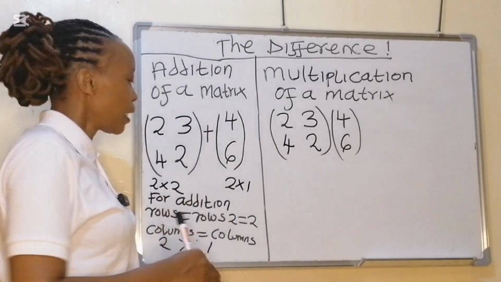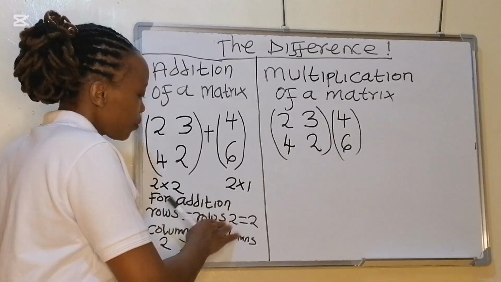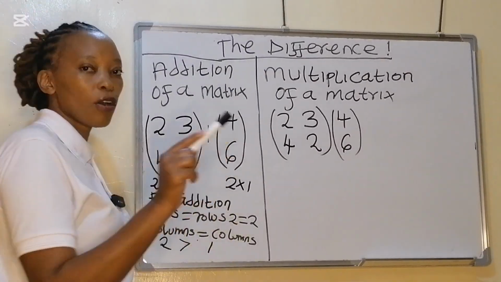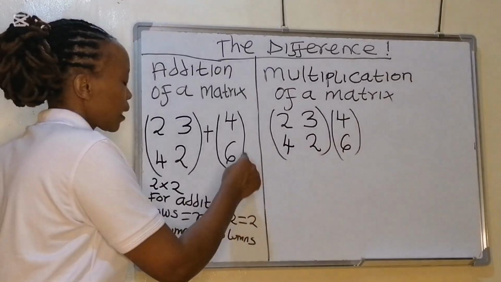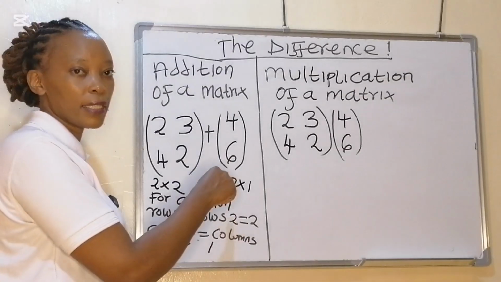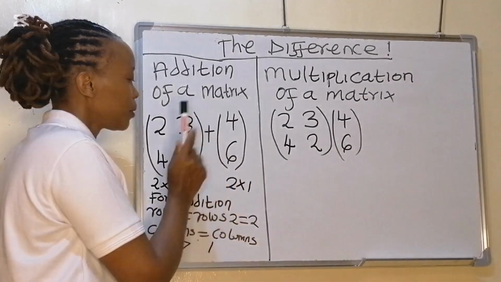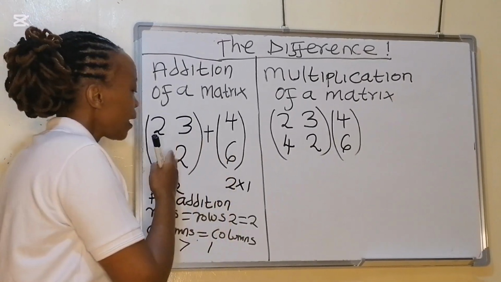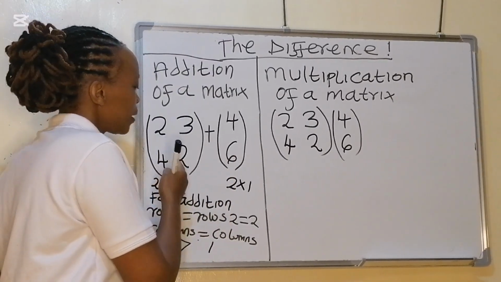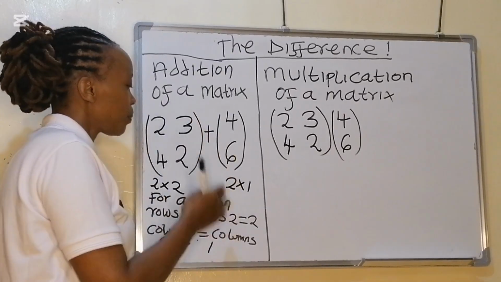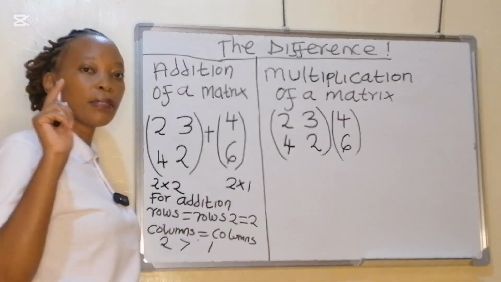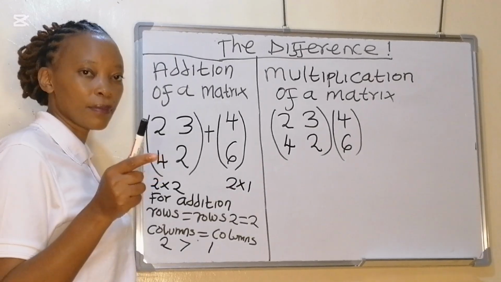If you have 2 rows in the first matrix, we must also have 2 rows in the second matrix that we are using to add. We have been told to add the first matrix with the second matrix. Though, you cannot add a matrix which is 2 by 2 to one that is 2 by 1.